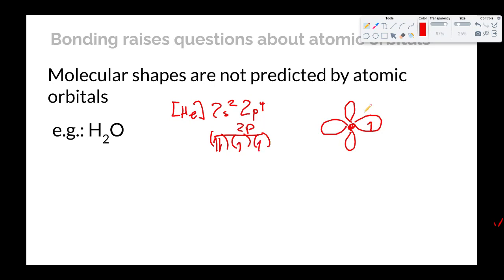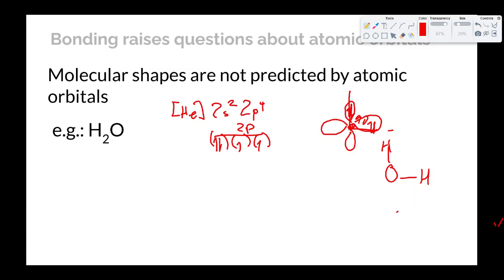So if hydrogens are going to bond and share electrons, they're going to have to share electrons in a space that's here and a space that's here. And those p subshell orbitals are 90 degrees from each other. So that would seem to suggest that oxygen should be the point of a 90-degree angle.